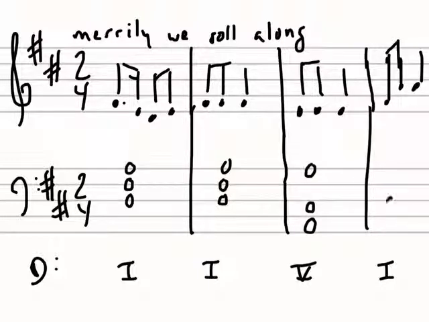So I'll take it down there and back there. So it would sound like this. And you could see how those harmonies fit with what's going on in the melody.